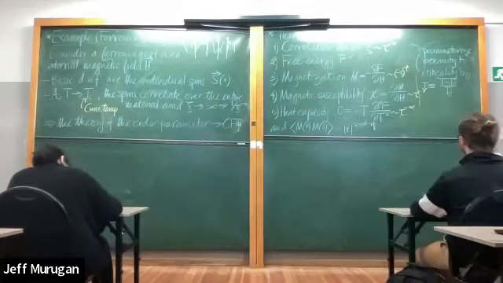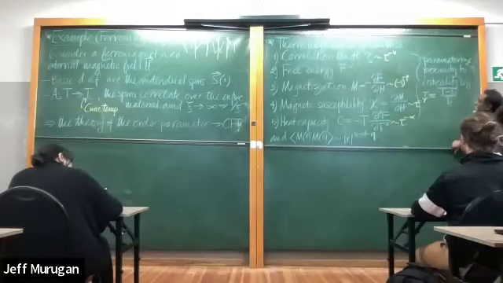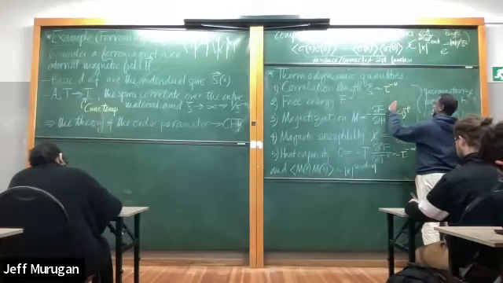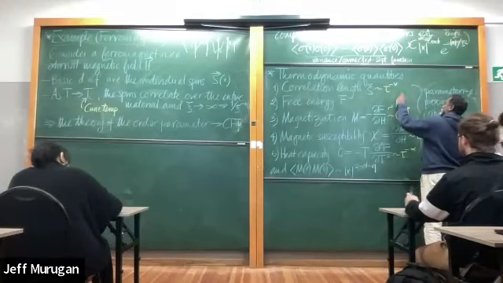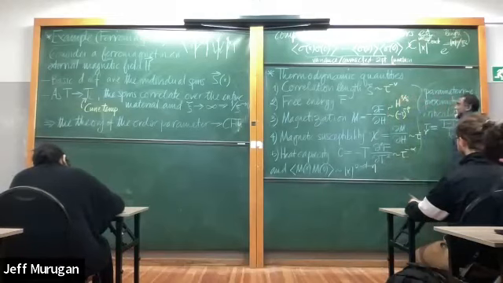Alpha, beta, gamma, and there is actually a delta as well. It also goes like H to the one over delta.